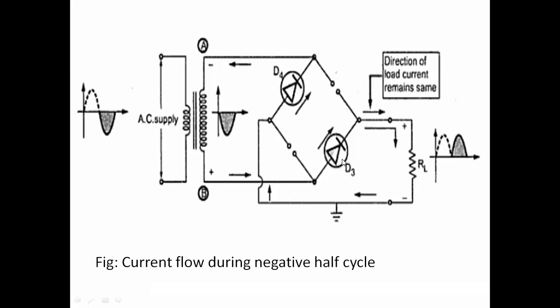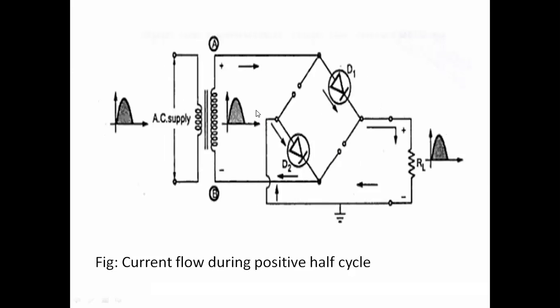So like this, the bridge rectifier produces positive half cycles only. In the previous case also, it is the same. This is positive and this is negative, so the input is the positive half cycle. Here the input is also the same positive half cycle.